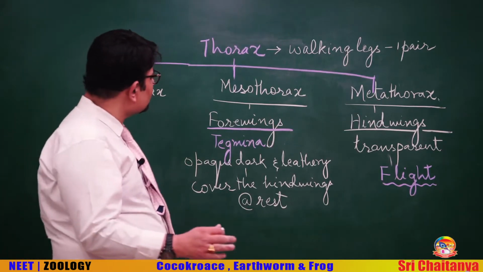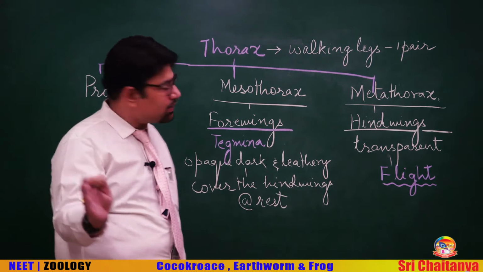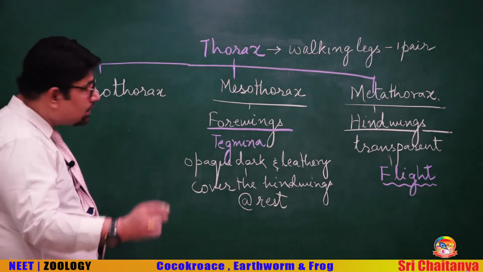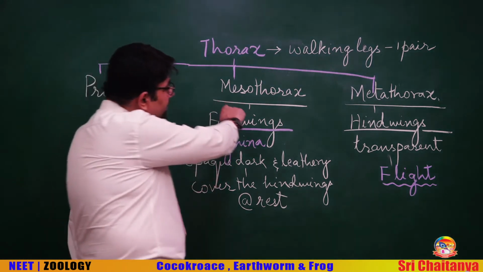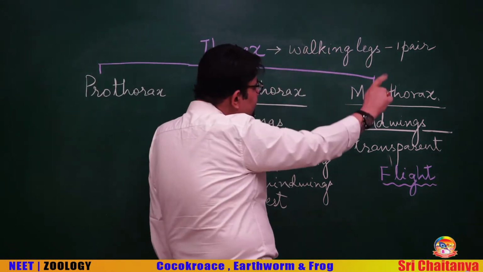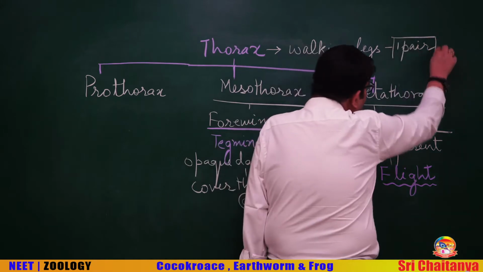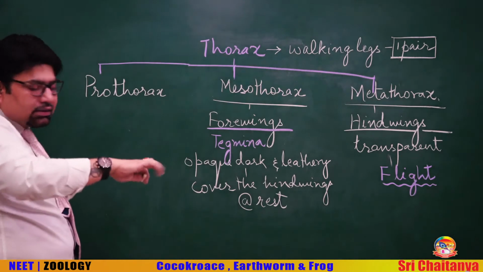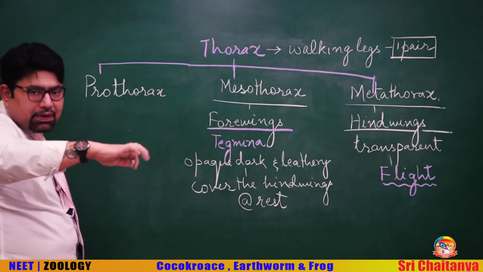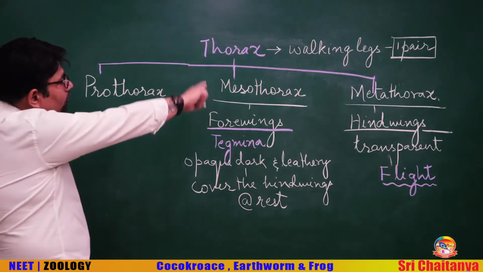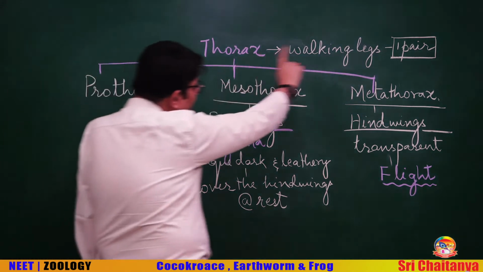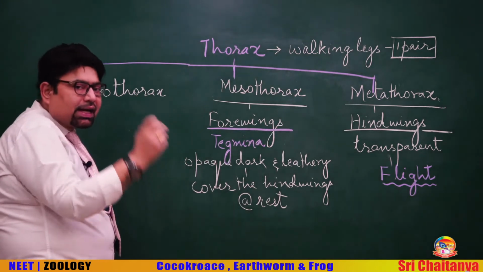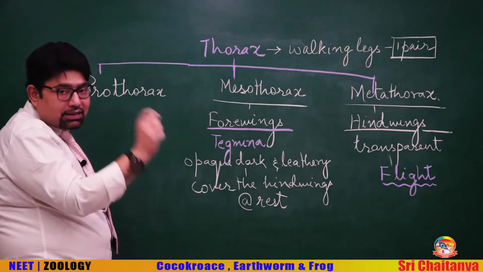Thorax of cockroach is divided into 3 parts: prothorax, mesothorax and metathorax. Each thoracic segment has 1 pair of walking legs, and these are jointed appendages. 1 pair, 1 pair, 1 pair, hence the total becomes 6, which is a characteristic of the class Insecta.